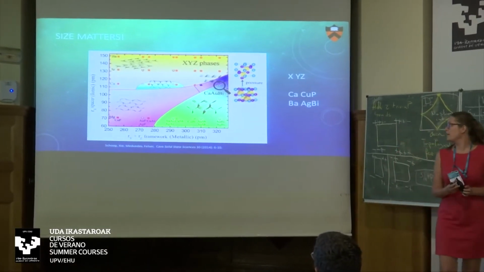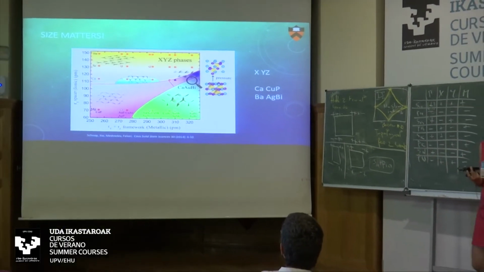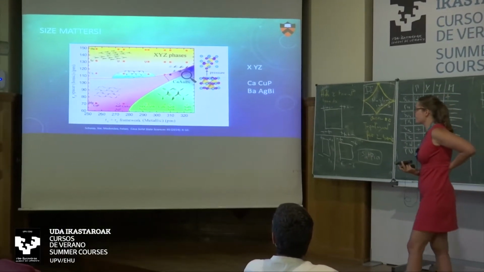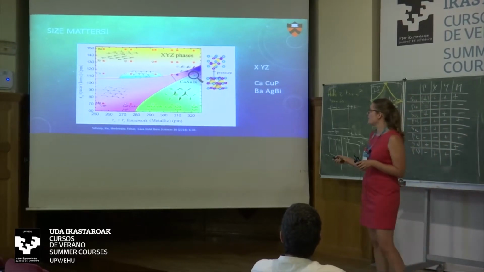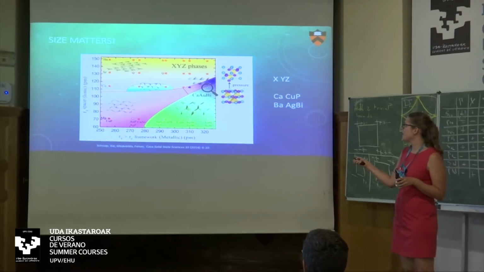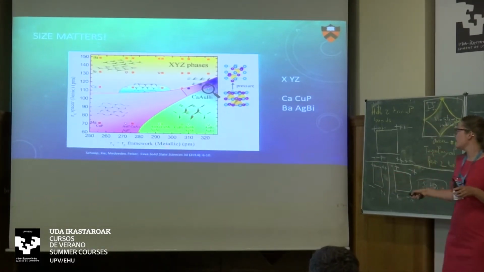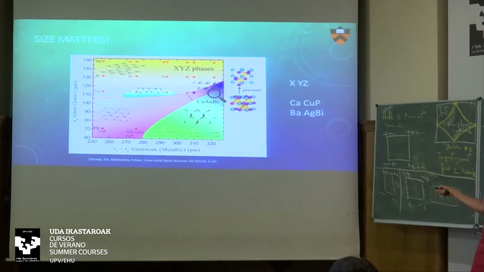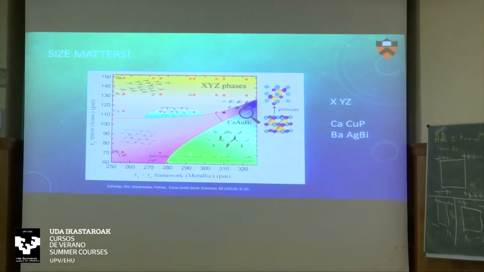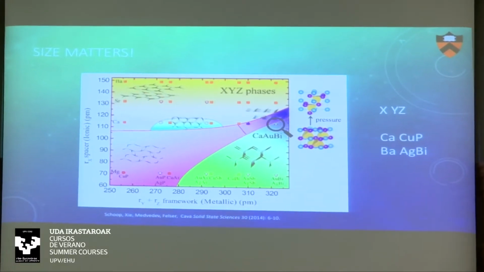Okay, but already in the beginning I said electron count is not everything. Size matters a lot in predicting structures. And here's one more of the structural maps just based on size, where you have different phases based on the different sizes of the atoms used. And I just want to point out that here the structures are really, really different. So here we have a cubic network, a cubic structure. And then here we have a layered graphene-like structure.